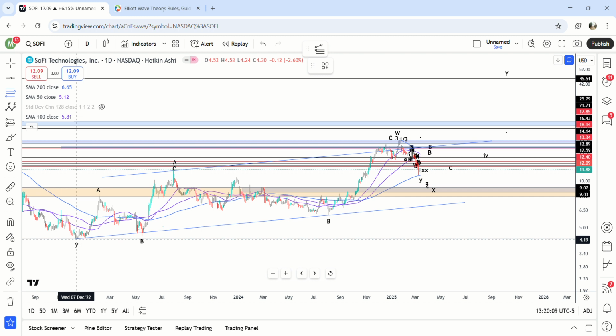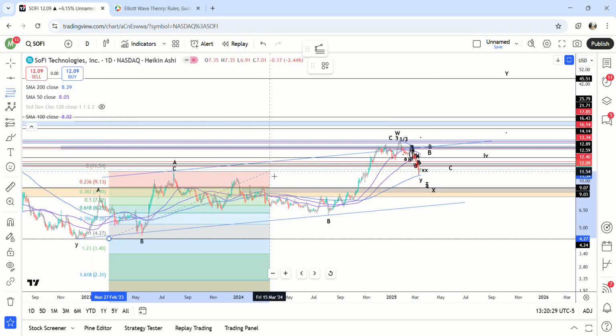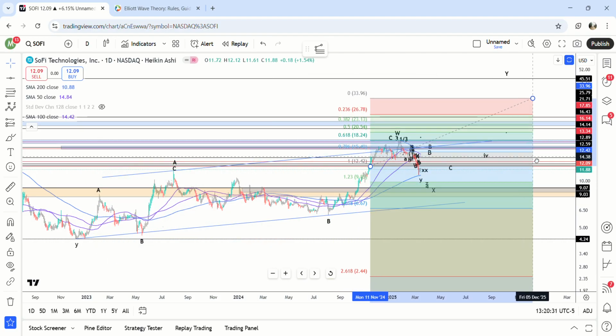When would that play out till? Well, if the X wave ends here in the next couple of weeks, I would expect this to probably play out over the next year or so. So we would be looking for an ABC move, just like this. Let's go ahead and just take the A wave here from $9.